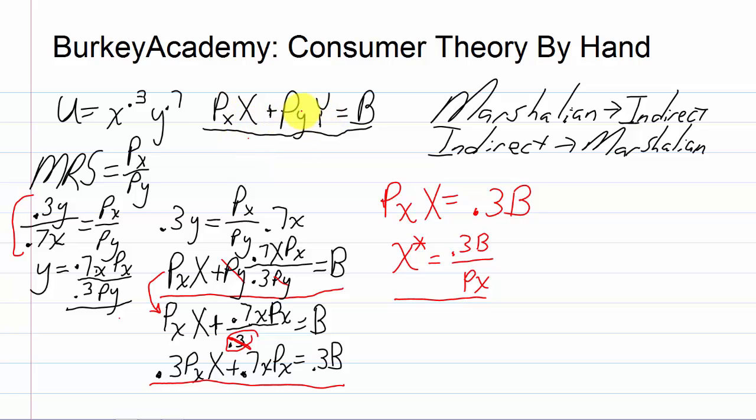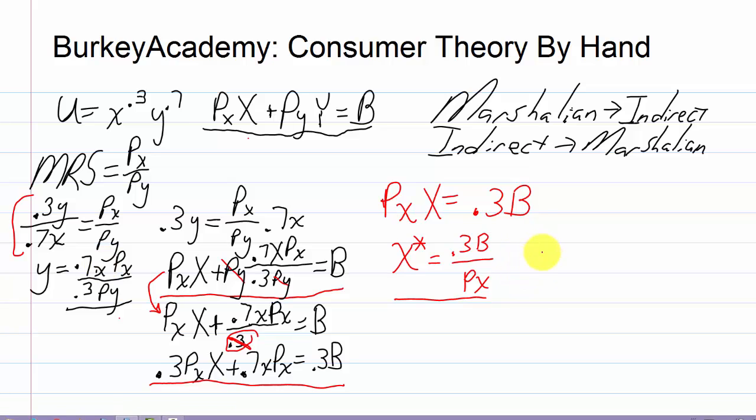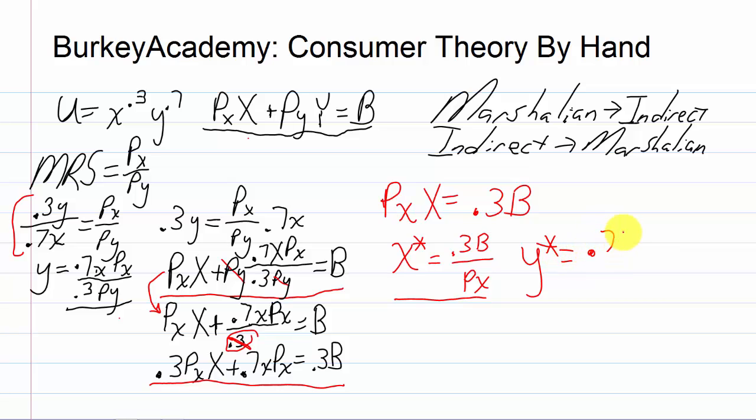You can basically plug this into any of those equations, and then you're going to get y star out. And since I've shown you how to do x star, I'll just show you the result for y star. Y star is going to be equal to 0.7 times the budget over the price of y. So those are the Marshallian demands.